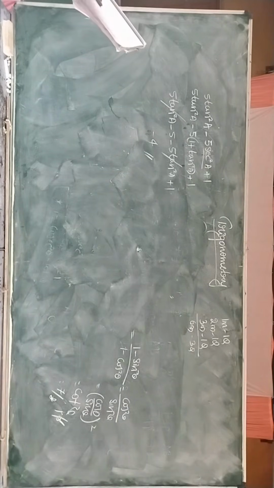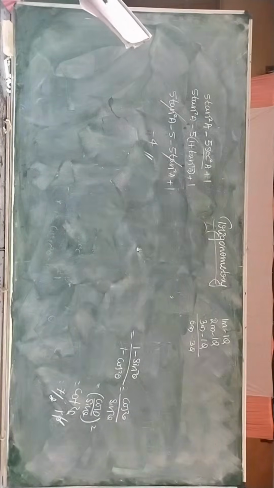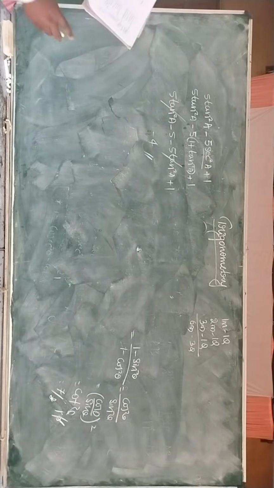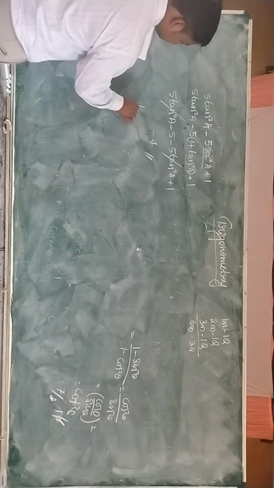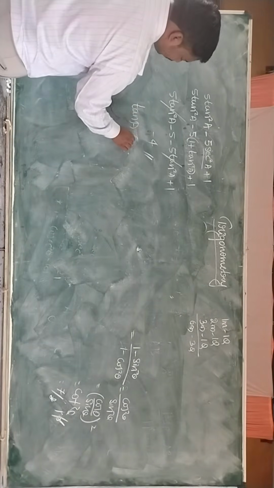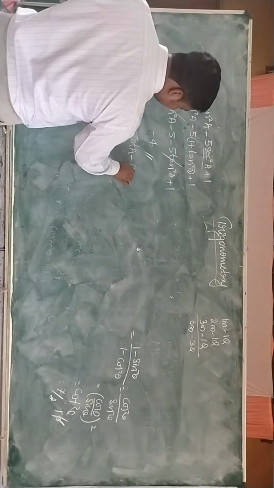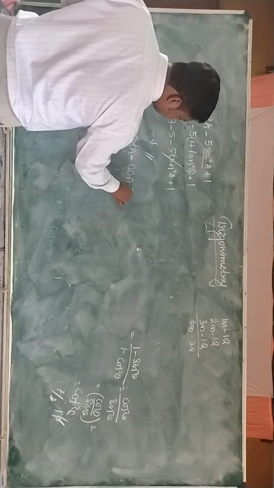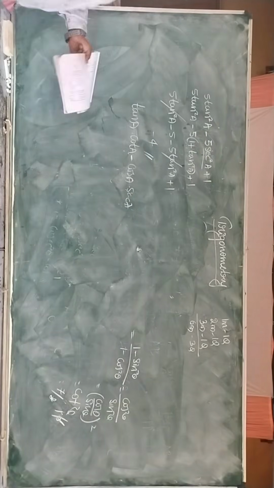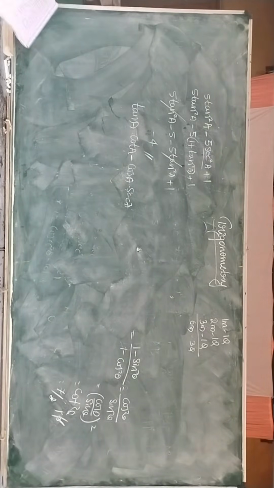What is the value of tan A into cot A minus cos A into sec A? Simple one.